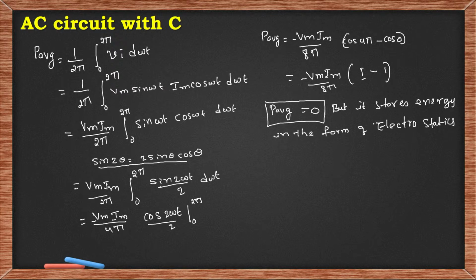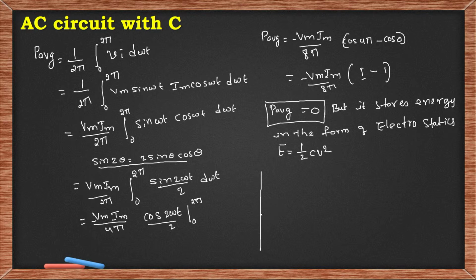The energy stored in the capacitor can be calculated by using the formula E is equal to 1 by 2 C V square. Well, so now we'll see the voltage, current and power waveforms.